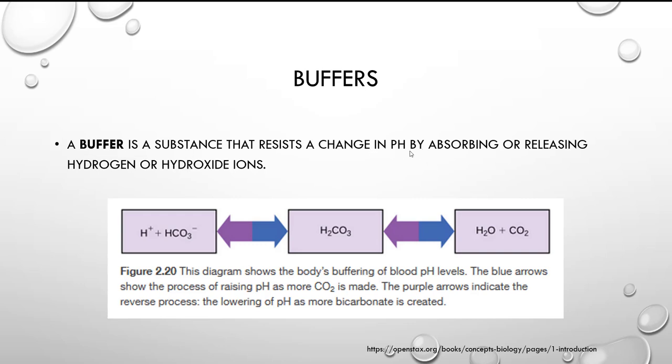In this case, it's keeping it at pH 7.35 to 7.45 because it's blood. If it's in your stomach and it needs to be pH 2, then the buffer would keep it at pH 2. Or, in a different scenario, it could be pH 4. So buffers keep it at the pH that is required for that situation. All right?